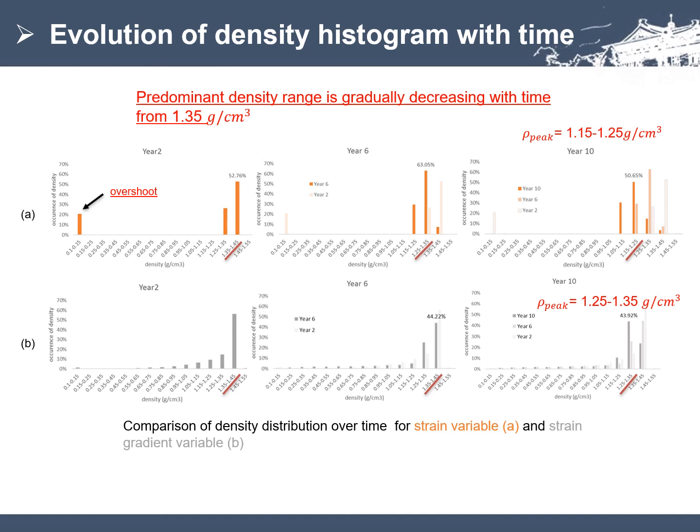The peak density range decreased by 0.1 per 2 months for the strain stimuli, and also 0.1 for the peak density of the strain gradient stimuli.